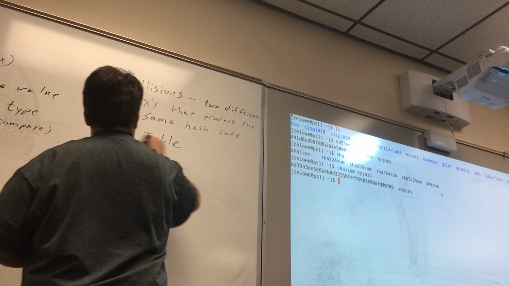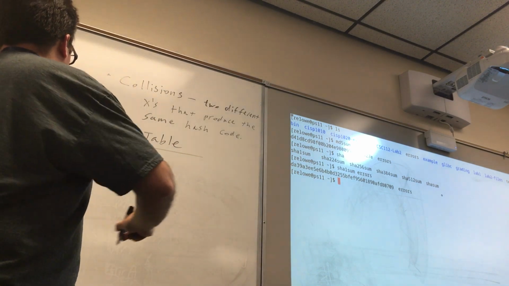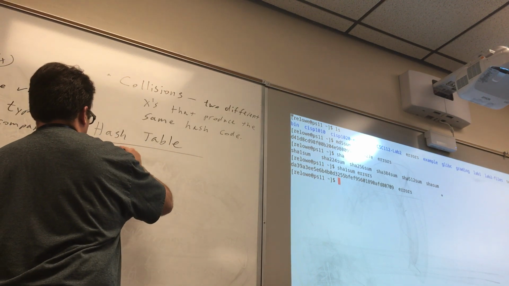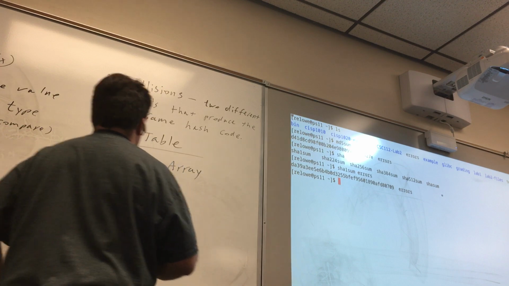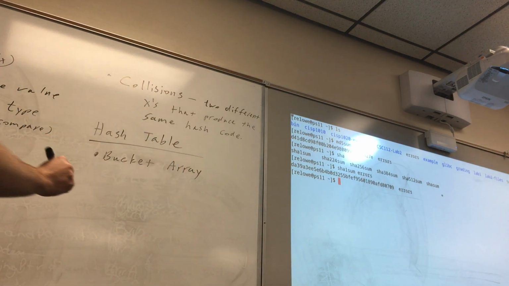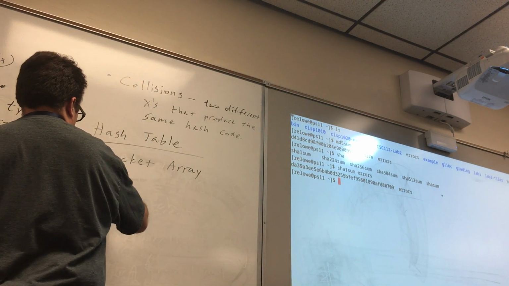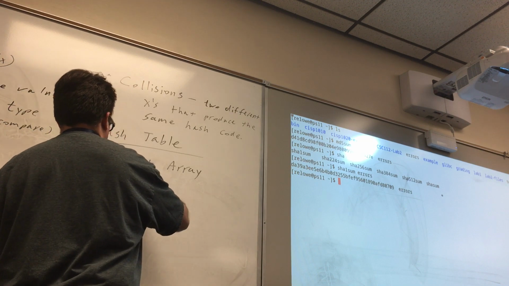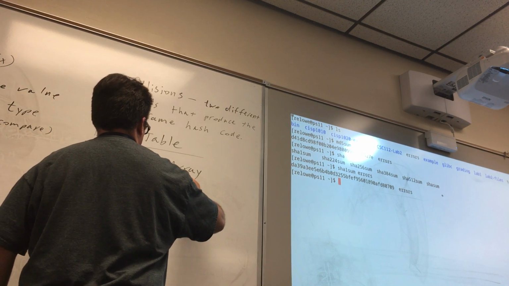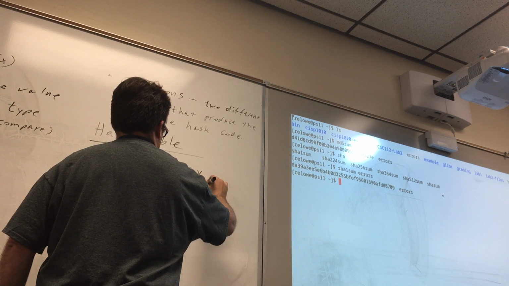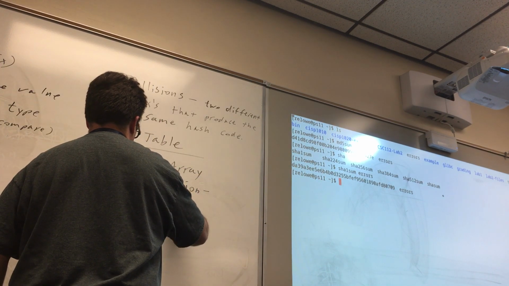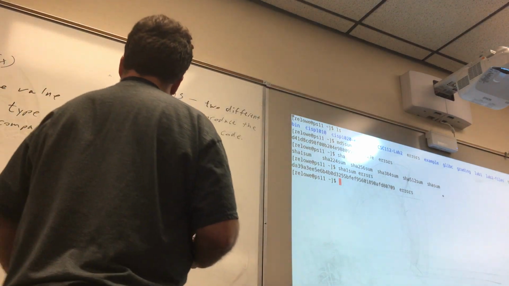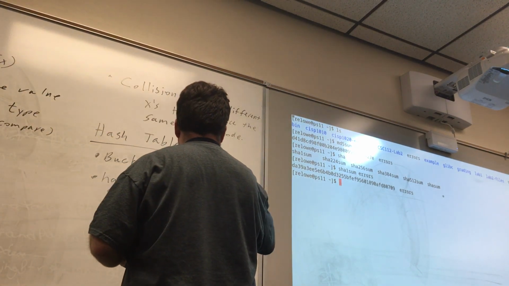what we have is a bucket array and a hash function. And what the hash function does is it generates hash codes.